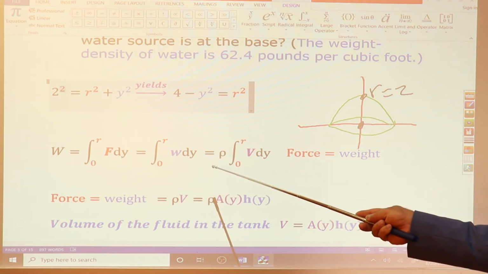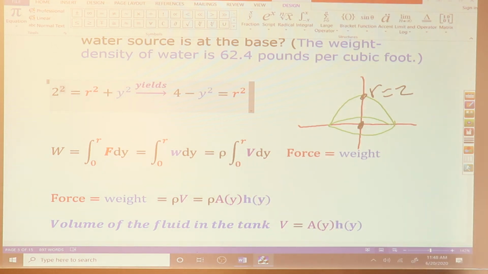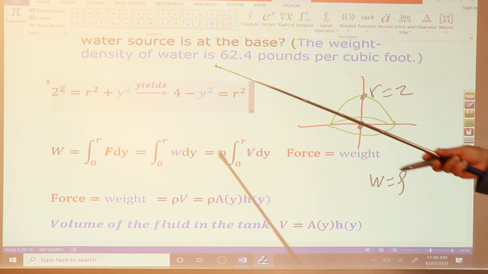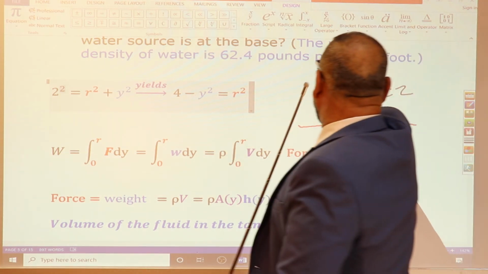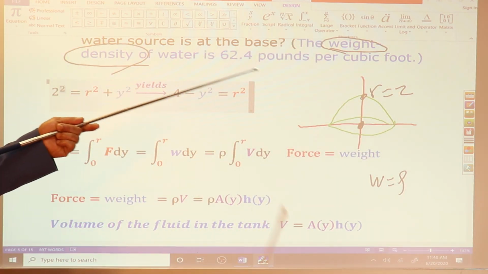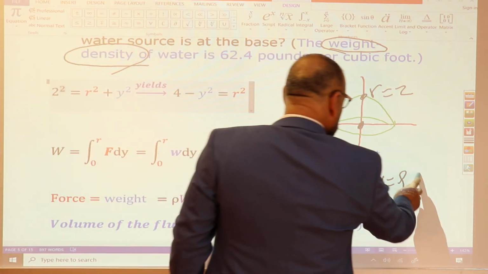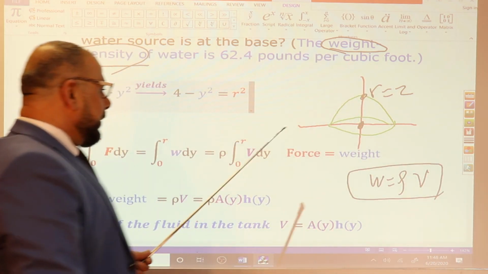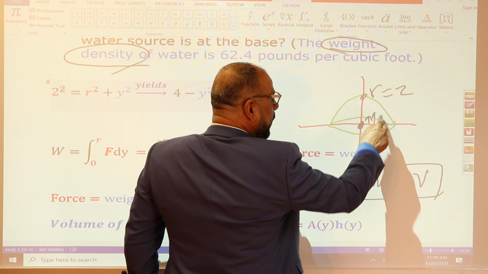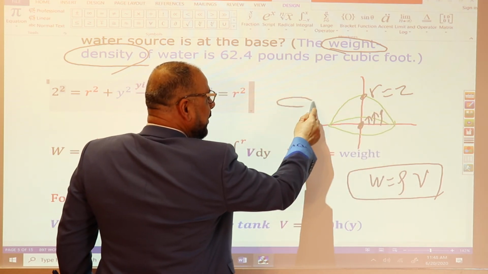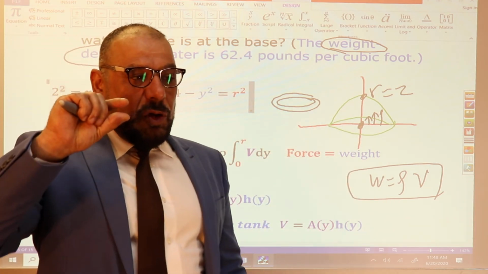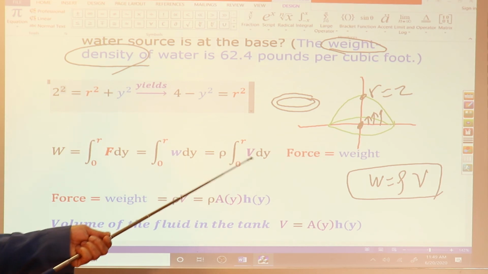And here, the kind of force we have is the weight of the fluid. You have to remember, the weight of the fluid equals rho v, where rho stands for the weight density. That will help me for the second problem. The weight density, rho v dy, because look here, you're going up, you're filling up, right? If you take a small section, you see the y here, small slices, until you fill the whole tank.